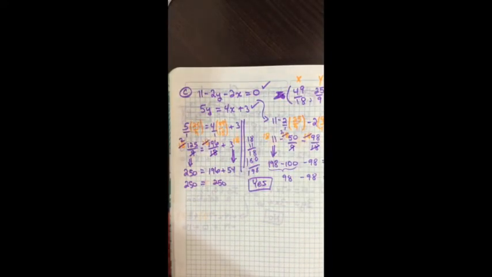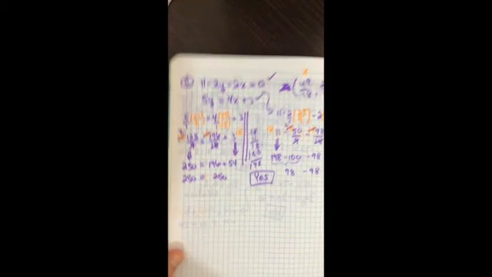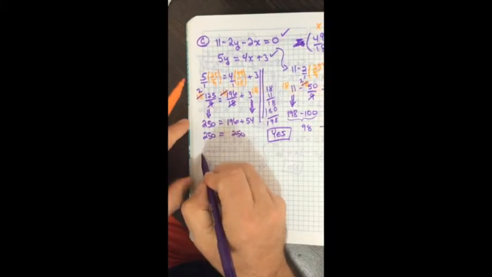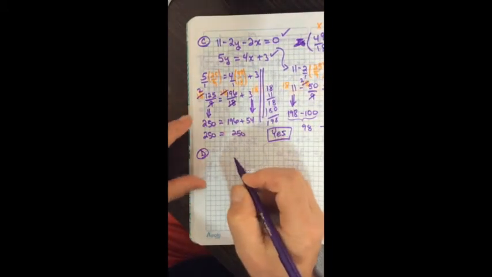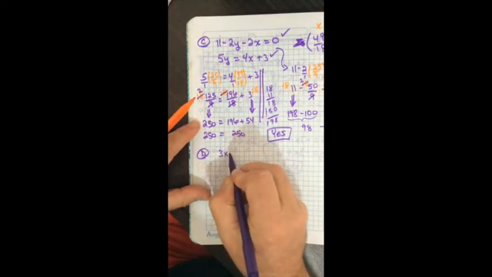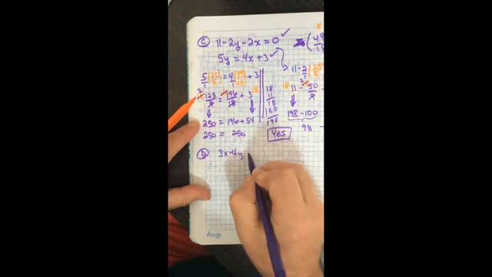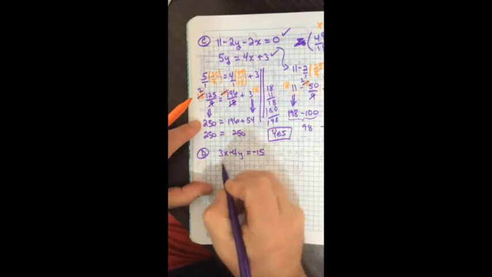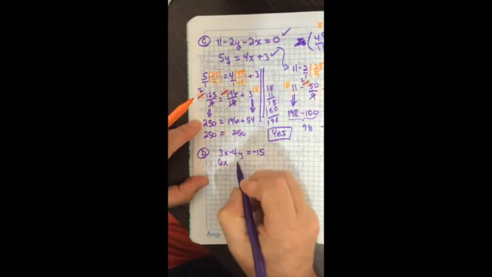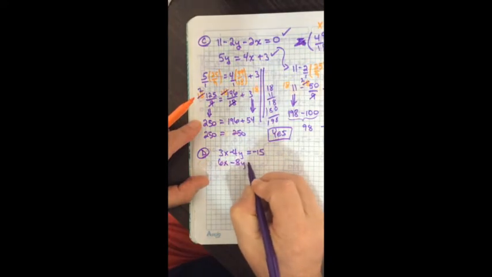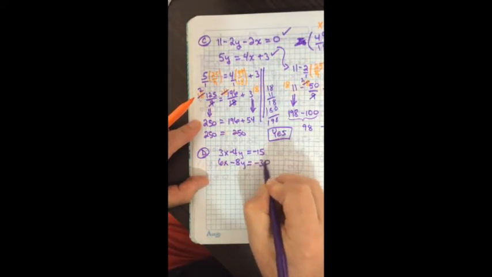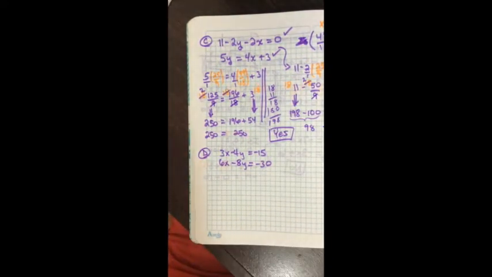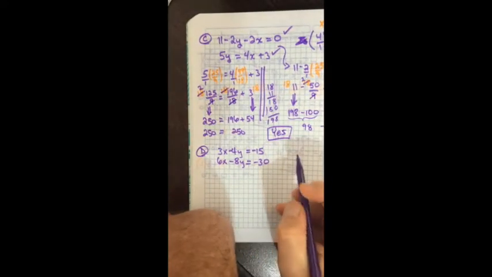Okay, let's take a look at one more like that. For letter D, let's make 3x minus 4y equal negative 15. And match that up with 6x minus 8y equals negative 30. Now, can we tell that these are the same equation?